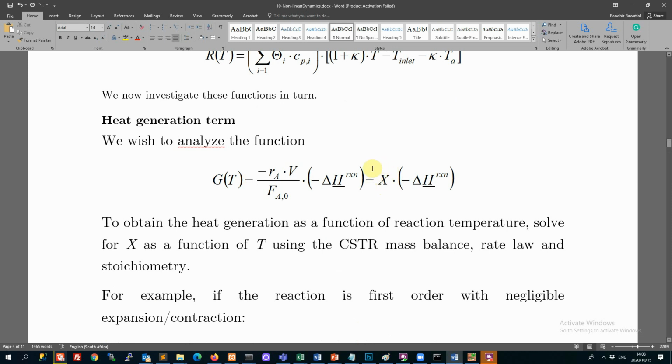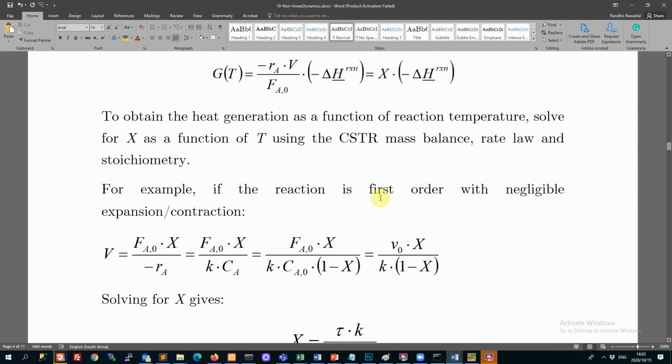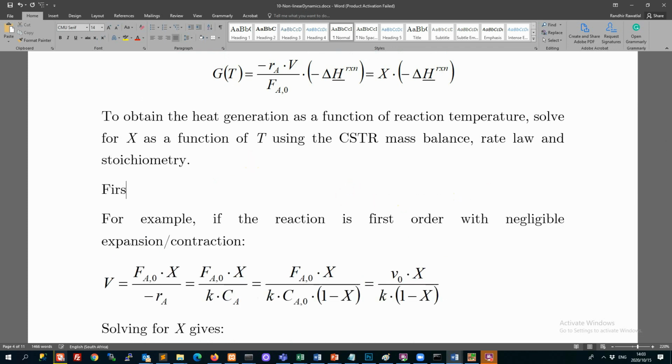And to do that, we need to think about the reaction rate, so the reaction expression. So let's assume, just for the sake of a case study, it's a first order reaction. So now we are looking specifically at the case of a first order reaction. So this is no longer general. Up to now, everything we've said was nice and general. Now we are looking at a first order reaction.